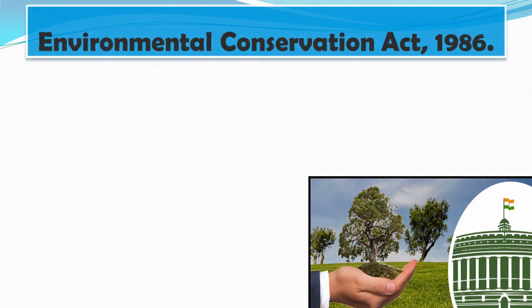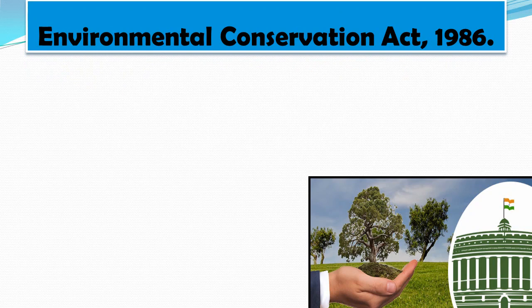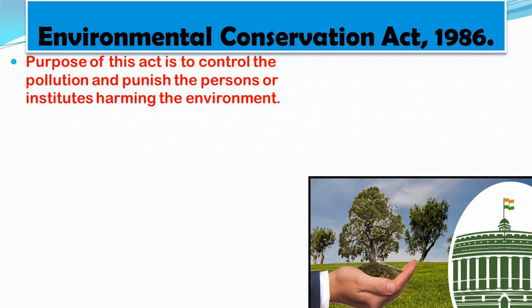And the next law is the Environmental Conservation Act in 1986. The purpose of this act is to control pollution and punish the persons or institutions harming the environment. The activities of human beings which harm the environment, this law is enacted just to control the pollution and punish the persons who are harming the environment.